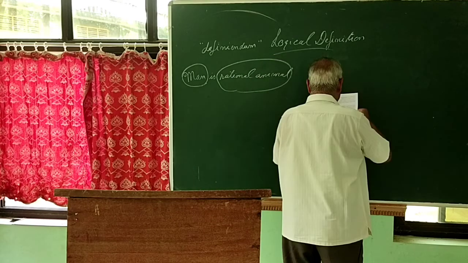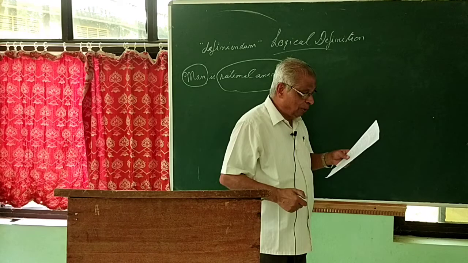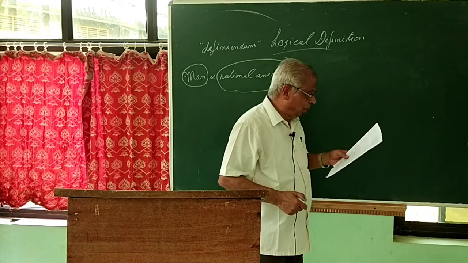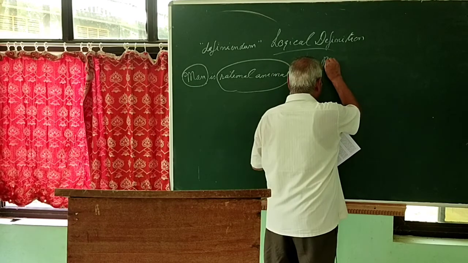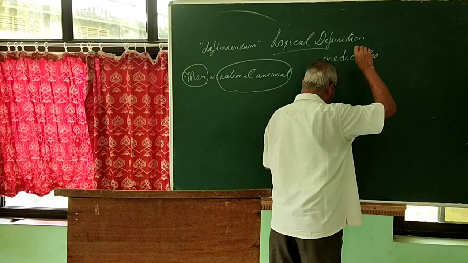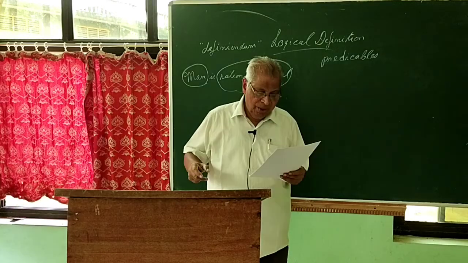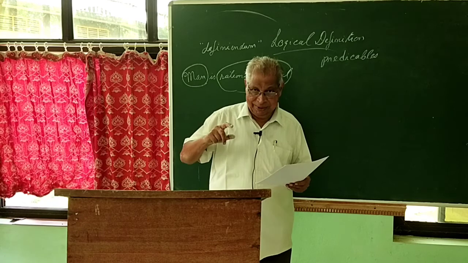I'll explain that one. So to understand genus and difference, we need to clarify the notion of predicables. And what are predicables? The different kinds of predicates in relation to their subject.